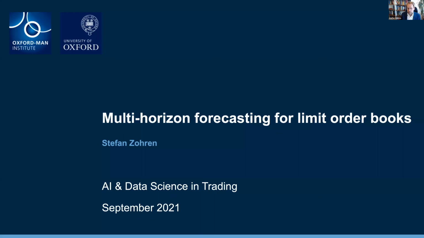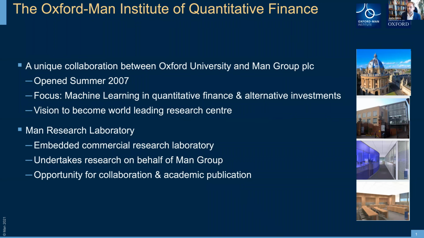As I mentioned, this work was done at the Oxford Man Institute, and I just wanted to give one slide, just a few words, to introduce the Oxford Man Institute for those of you who haven't known it. It's quite interesting. It's a collaboration between the University of Oxford and Man Group, and has now been around for nearly 14 years. It's an academic research institution which is funded by Man Group, the hedge fund.